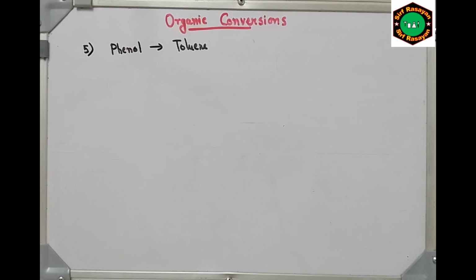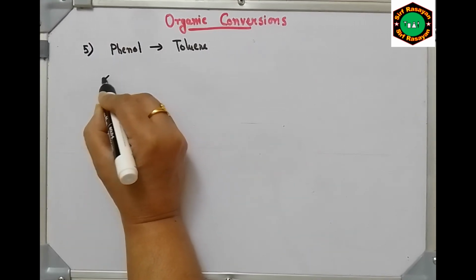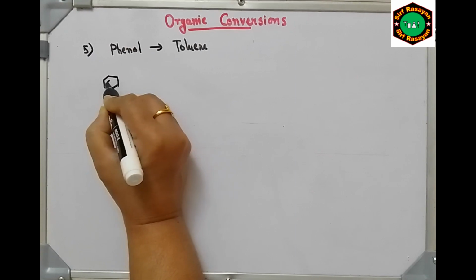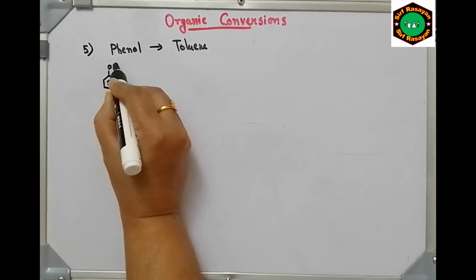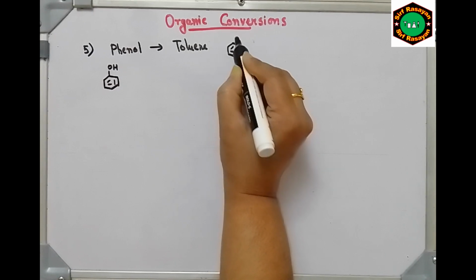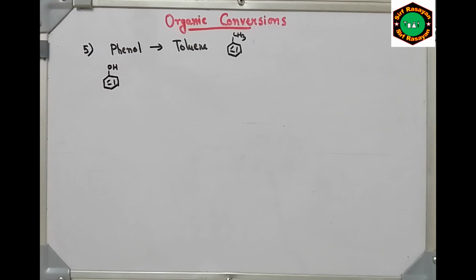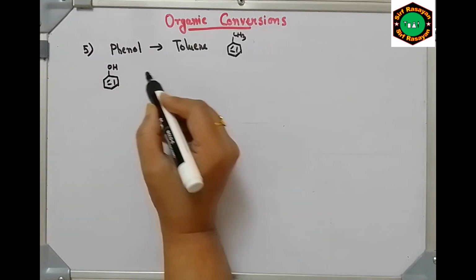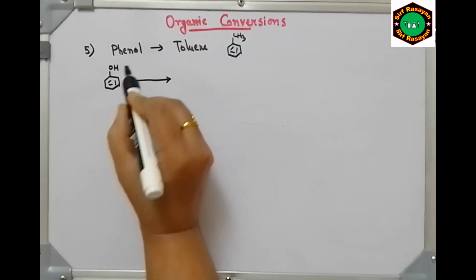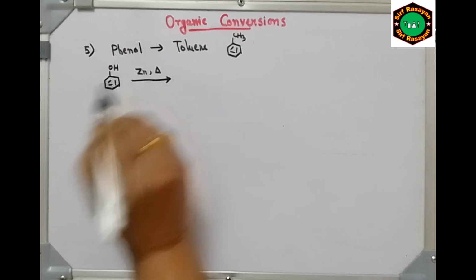Next one is how to convert phenol to toluene. You know phenol means this one, and in toluene what is there? With benzene, one CH3 group is there. So we have to do stepping up. How we will do? You know phenol, if you treat it with zinc powder and heat it, what will happen?